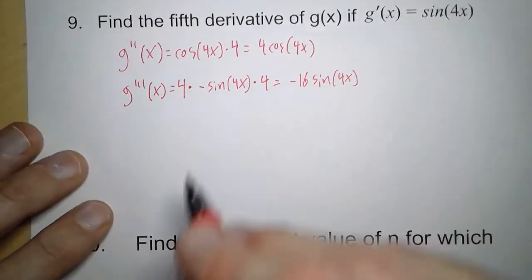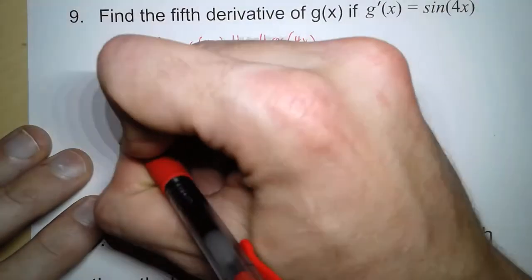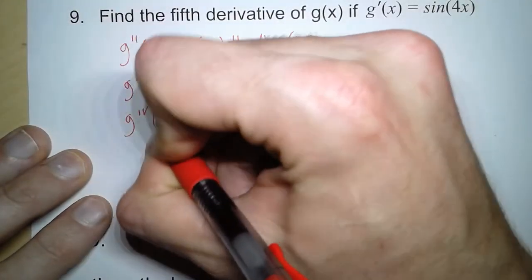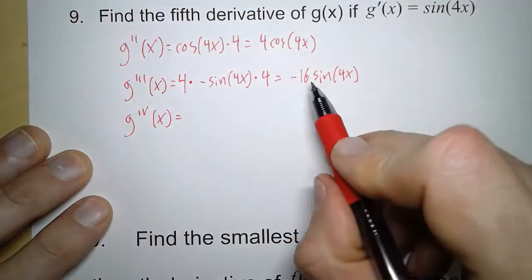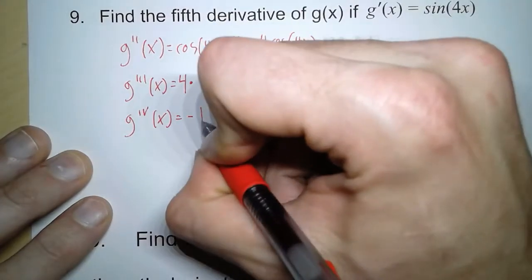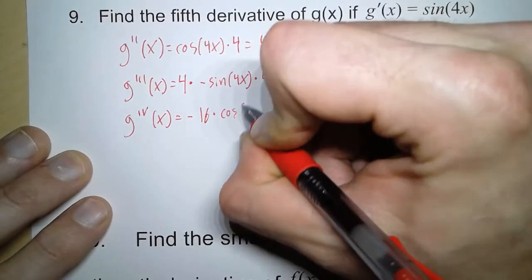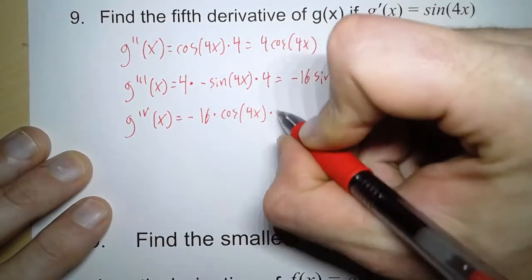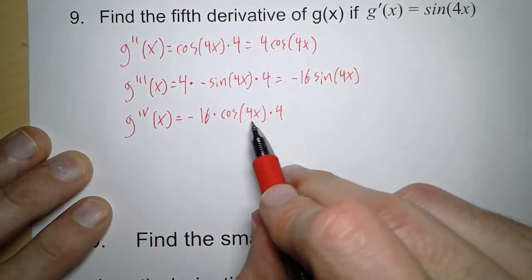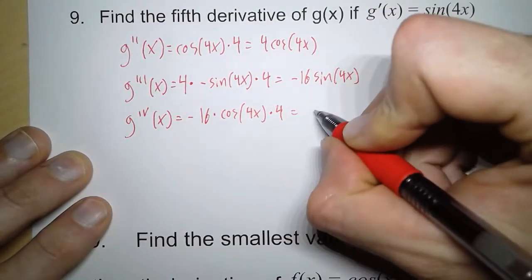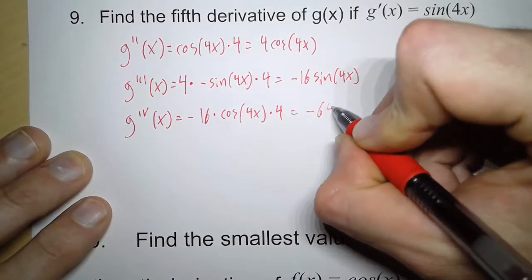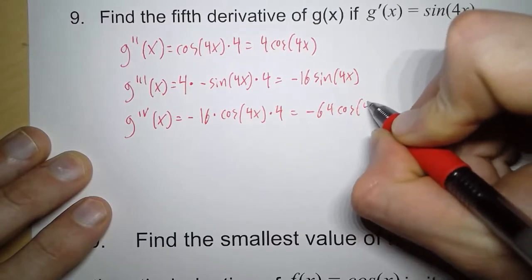Now for our fourth derivative, we write Roman numeral 4. Our coefficient stays with it, negative 16, times the derivative of sine is cosine of 4x times 4. That's the derivative of the inside. So our fourth derivative is negative 64 cosine of 4x.